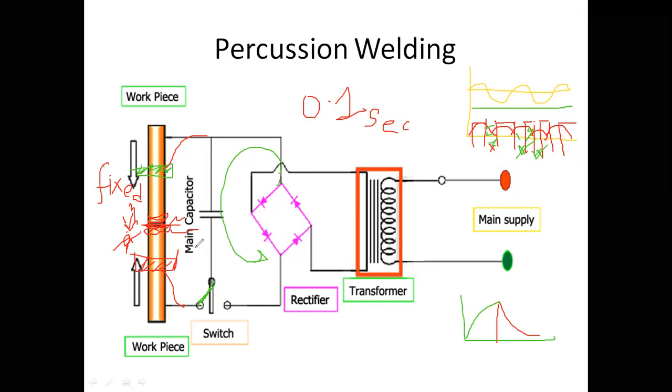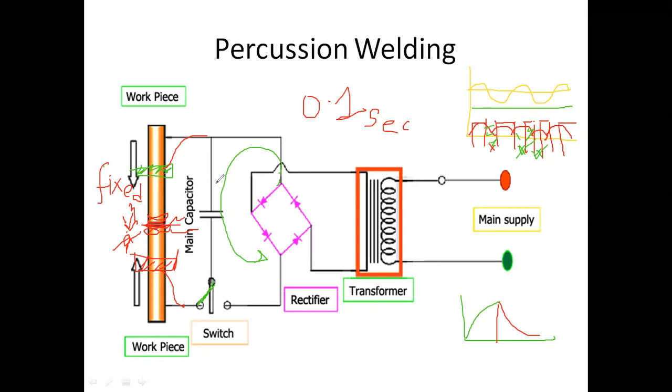For application purposes, in the telephone industry, where telephone or communication wires are joined, we need face-to-face joining, and in this case we use percussion welding.